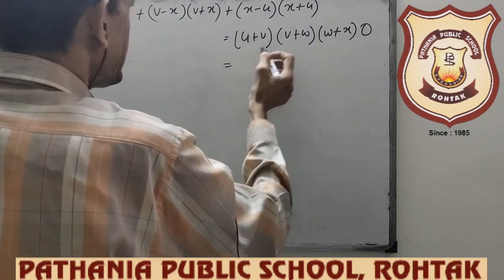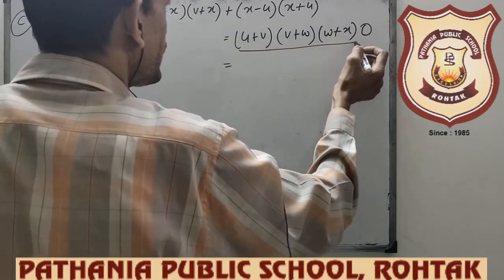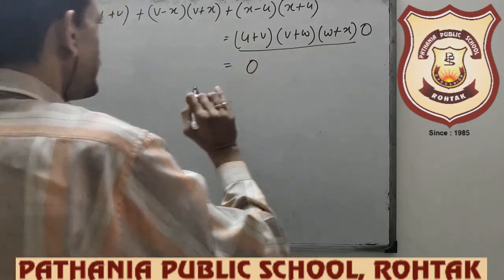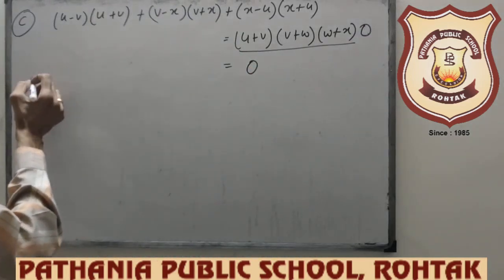So this side is whatever it is, don't open the brackets because it is multiplied by 0, so this side is 0.